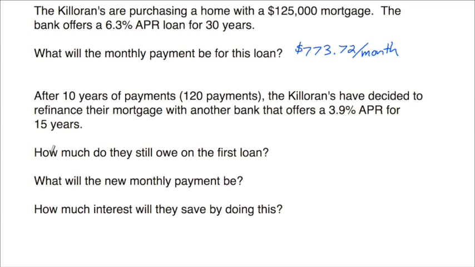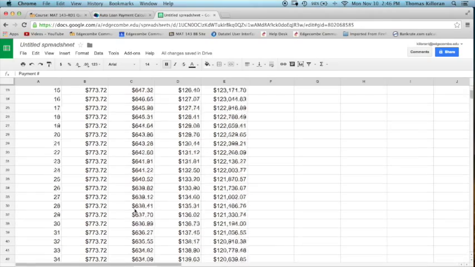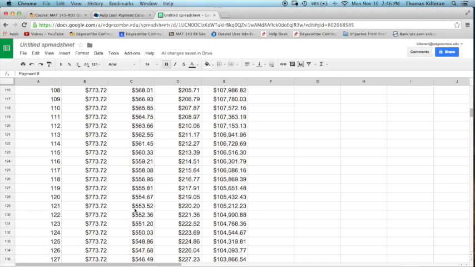So the first question you have to ask is, how much do they still owe on their first loan? I mean, to refinance your house, you actually have to pay off your old loan. So we need to go to the 120th payment. So let's scroll down here. Ooh, too far. 120th payment. Now they made this one.